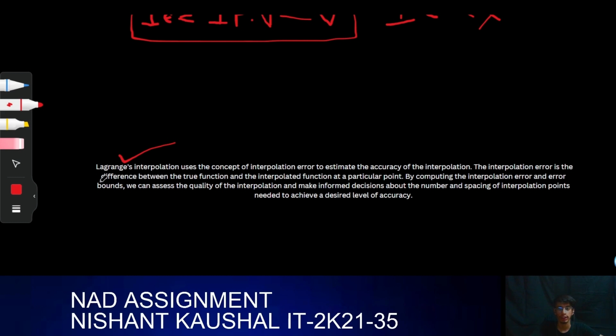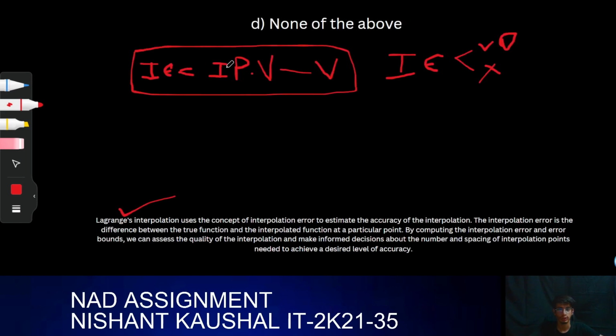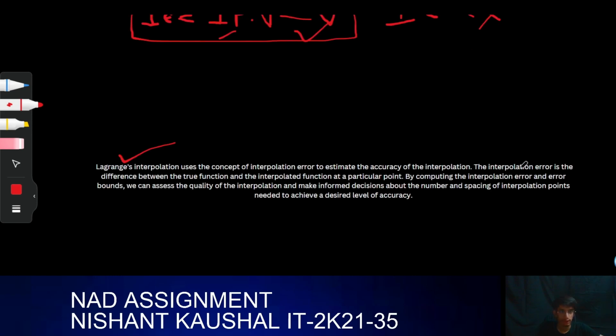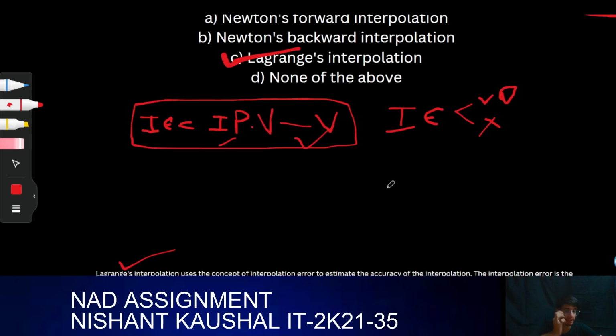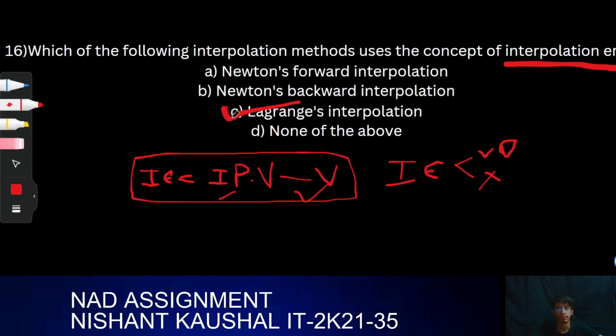The interpolation error is the difference between the true function and the interpolated function. By computing the interpolation error and the error bounds, we can assess the quality of interpolation and make an informed decision about the number and spacing of interpolation points needed to achieve a desired level of accuracy, right? So it should be C.